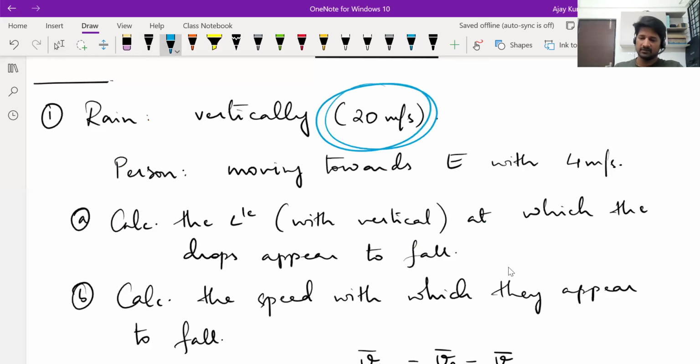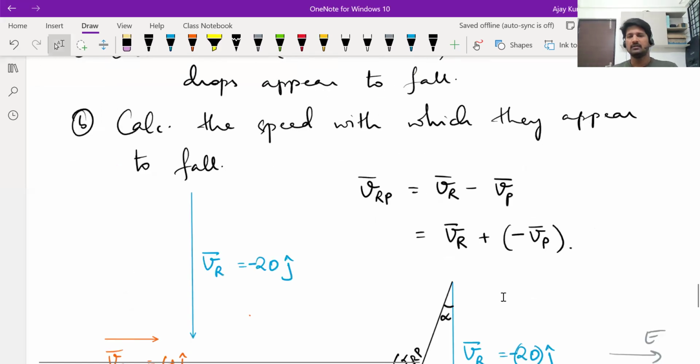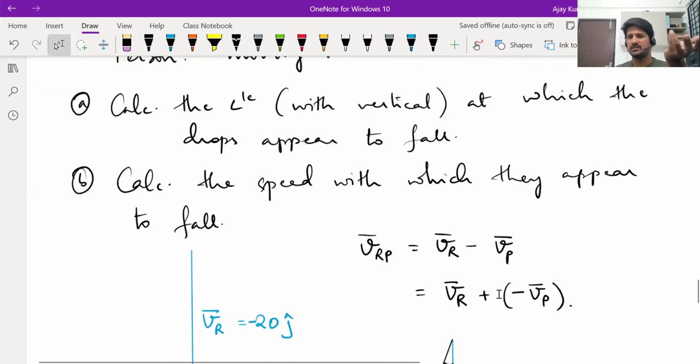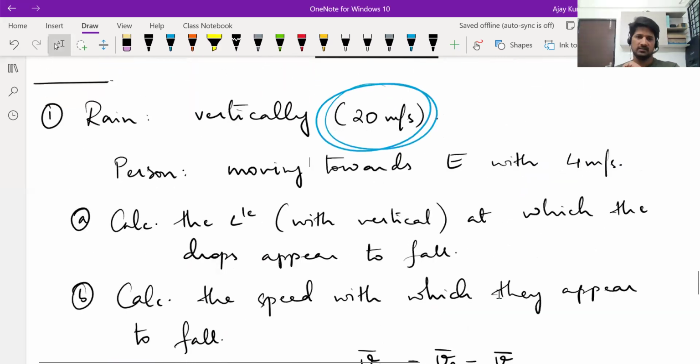But because the person is moving, they appear to fall at a speed greater than 20. So that is possible. I'm not saying they'll always appear to fall at a speed more than the actual speed, but that's a possibility. So depending on how the observer is moving, the speed of the raindrops may change. The angle at which they fall also may change relatively.